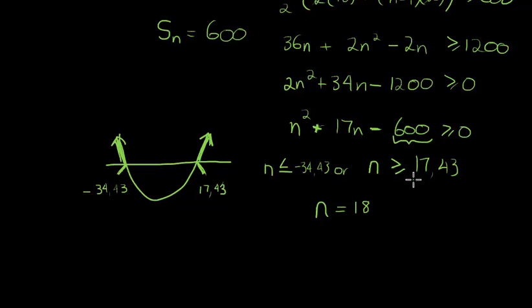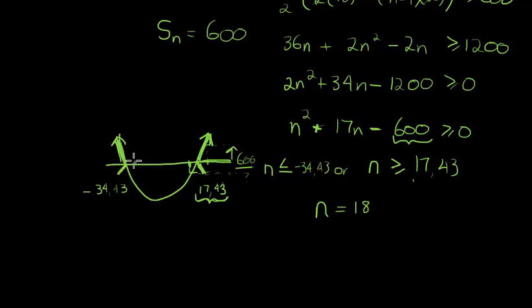If I take 17 rows, which is less than 17.43, then I will have less than 600. If I take 18 rows, then I will be more than 600.